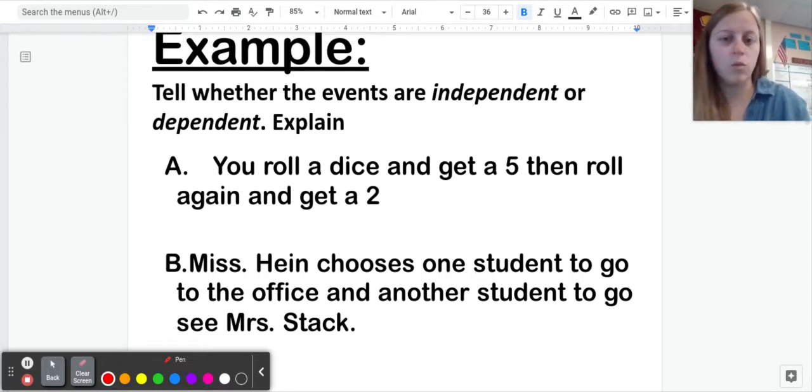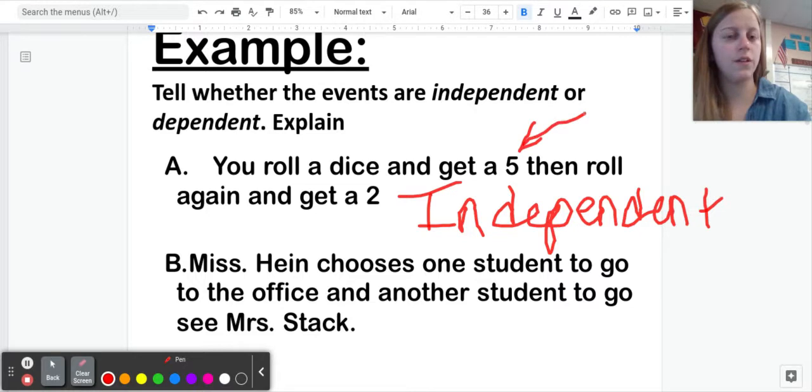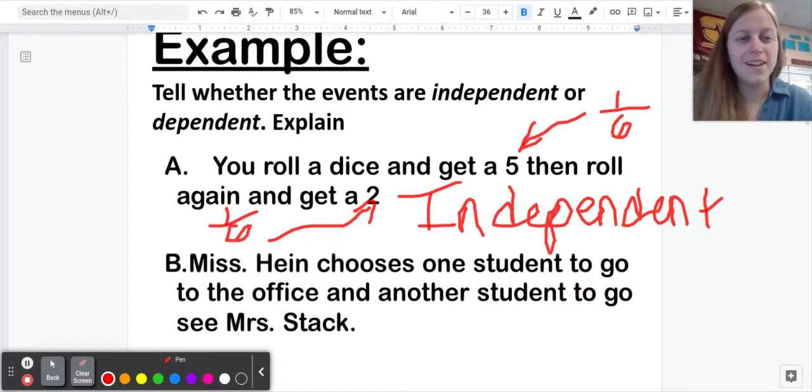So these would be considered independent, because the probability of getting a 5 is a 1 out of 6 chance. The probability of getting a 2 is a 1 out of 6 chance. There's still 6 numbers on the dice every time I roll. They don't affect each other.